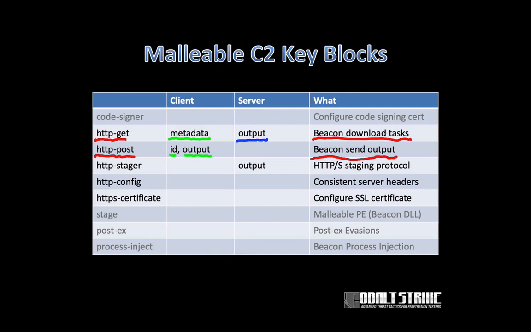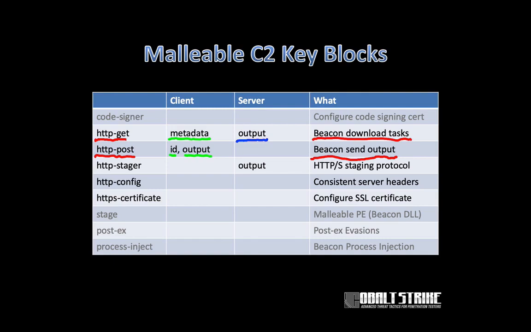And the output block is the output Beacon wants to send back to Cobalt Strike. And this output can get quite big unless you enable chunking, which we'll talk about in a moment. But know that the HTTP post client block has these two items that it needs to transform and describe where they're stored in the transaction.